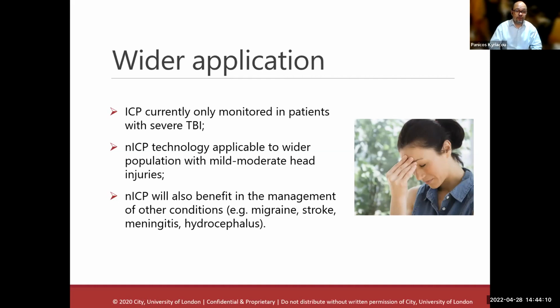Now, if we develop a non-invasive technology that can continuously and dynamically measure intracranial pressure, that will solve the problem of invasiveness. It could be used for patients beyond severe TBI. And of course, a non-invasive technology that can monitor pressure changes within the brain can have spillover into other pathologies, such as migraine, stroke, meningitis, hydrocephalus, especially in children.